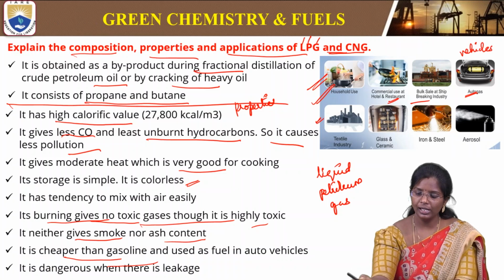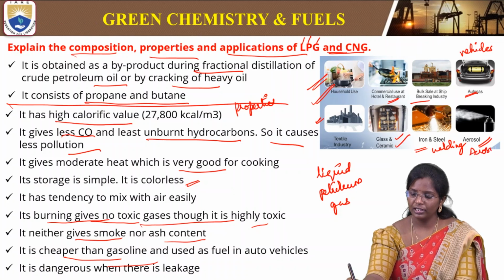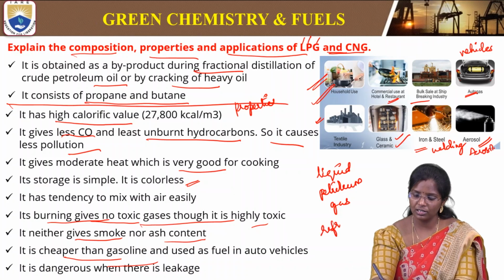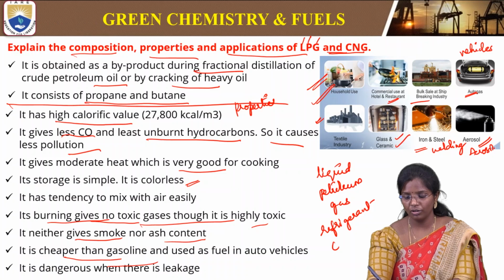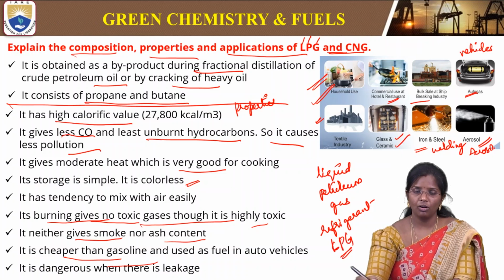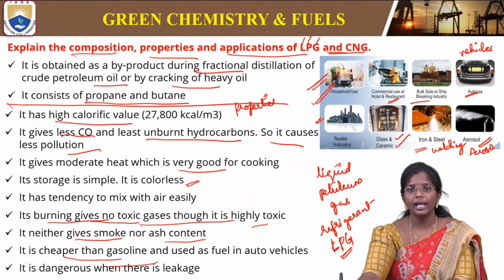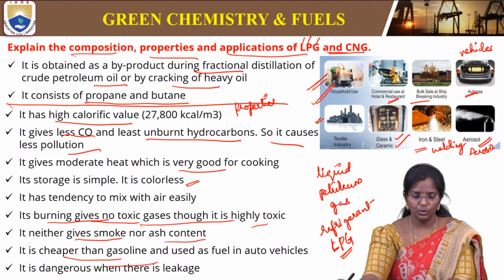And textiles, then glass and ceramic processing, iron and steel, like welding purposes, and aerosol purposes also, like refrigerants, because the chlorofluorocarbons can be replaced with this LPG, since they are very toxic to the environment compared to LPG. Therefore LPG is used in many applications and has wide usage.